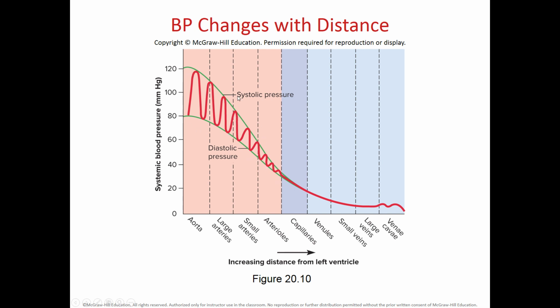So systolic blood pressure and diastolic blood pressure create changes in pressure within the arteries. And as the arteries move away from the heart, like in the case of the arterioles, these changes in blood pressure decrease. And when you reach the capillaries, the venules, the small veins, etc., this fluctuation in blood pressure doesn't happen. And the farther away from the heart, like in the case of small veins, large veins, etc., the blood pressure decreases.